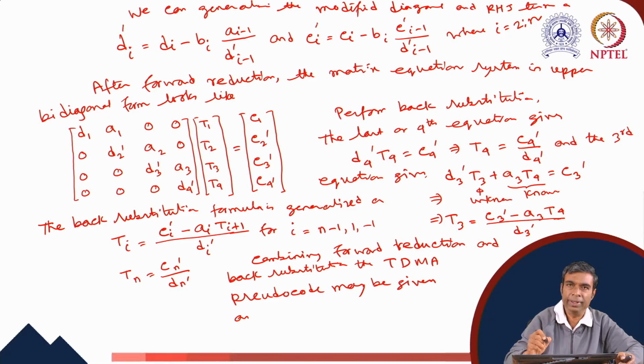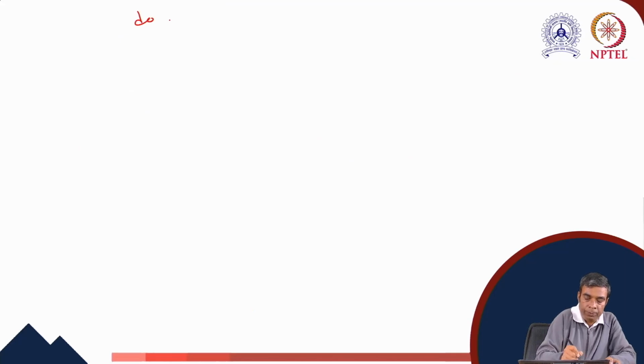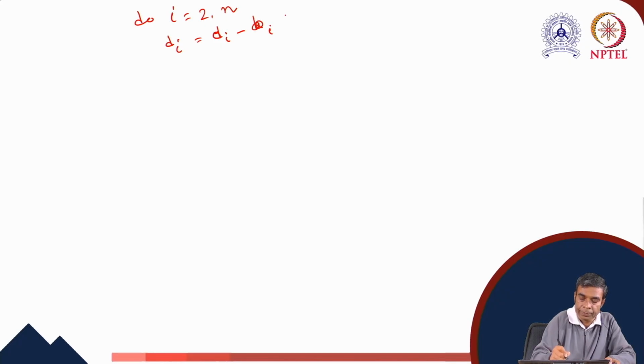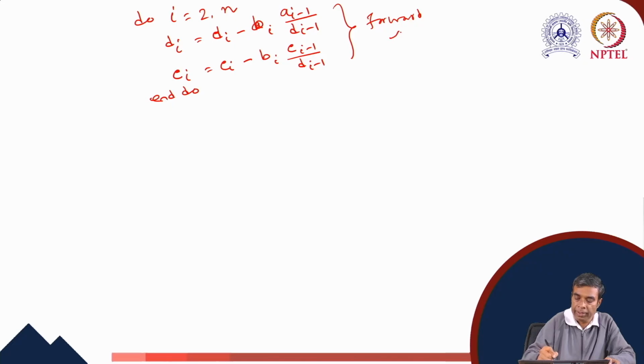Same holds for ci also. Do i equals 2 to n: di equals di minus bi into a i minus 1 by d i minus 1, ci equals ci minus bi into c i minus 1 by d i minus 1, end do. So this is the forward reduction step.